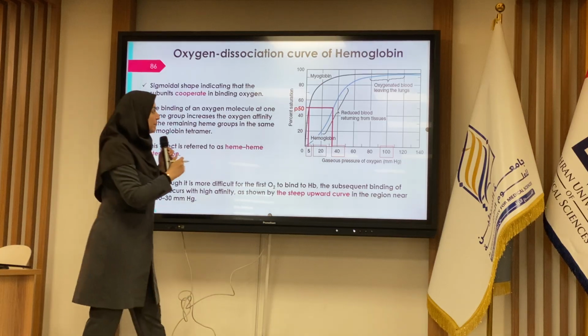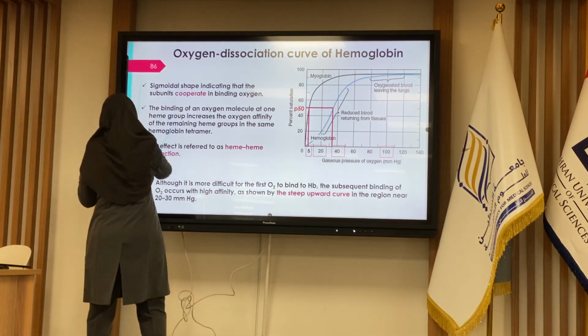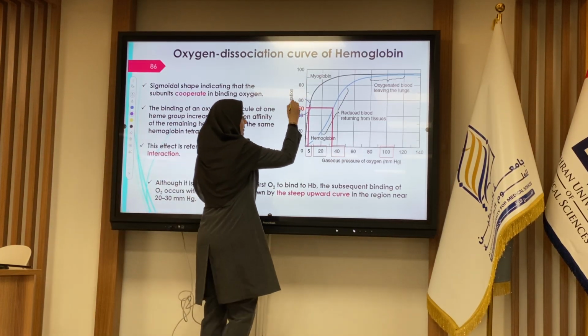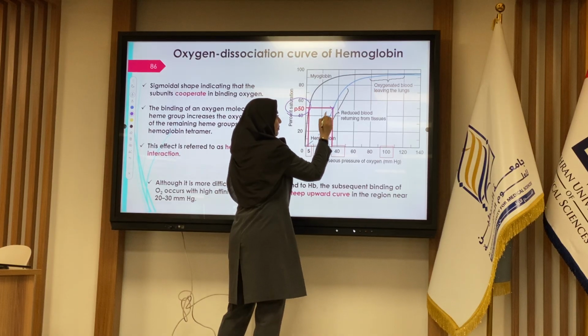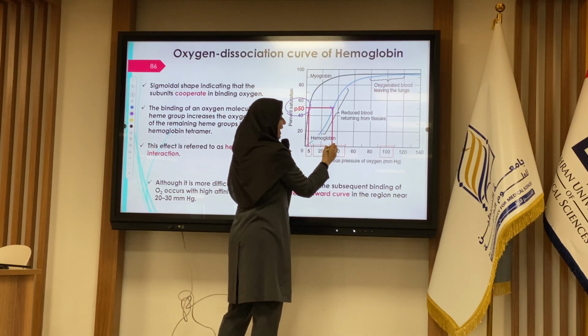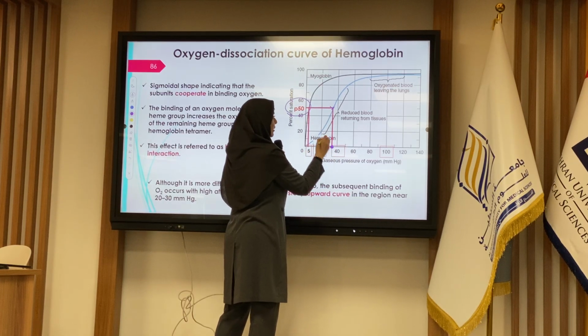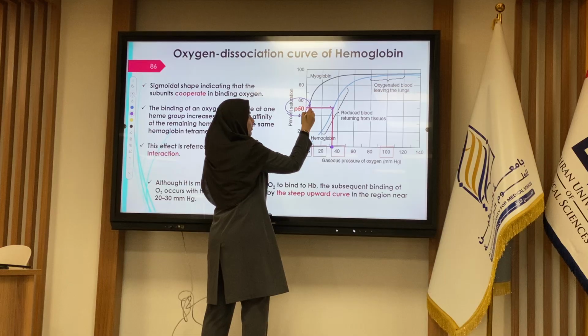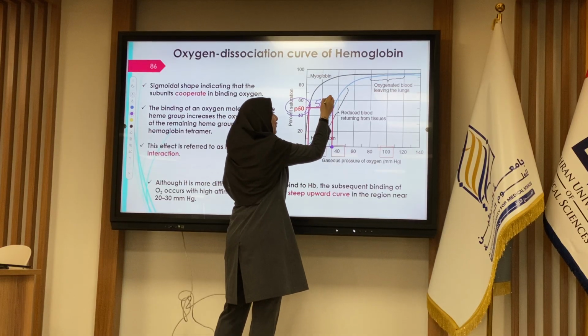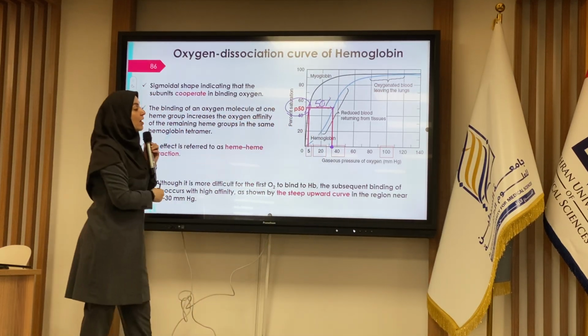We talk about the P50. As I mentioned, this is the pressure of oxygen we require to reach half saturation. Half saturation means 50% of the saturation.